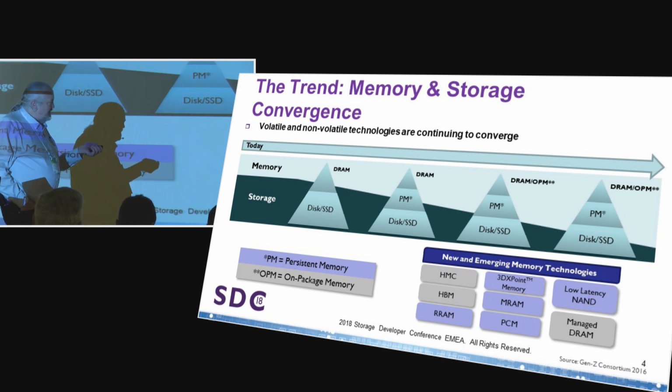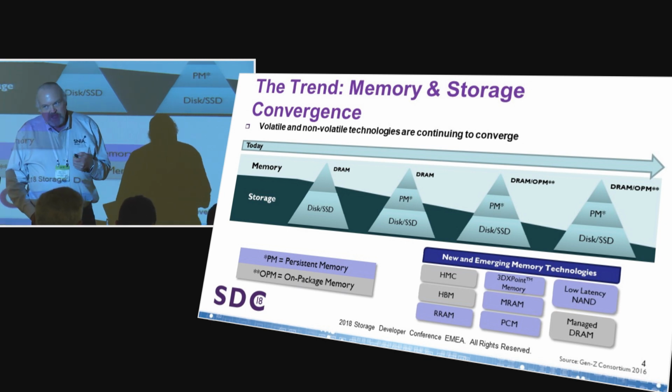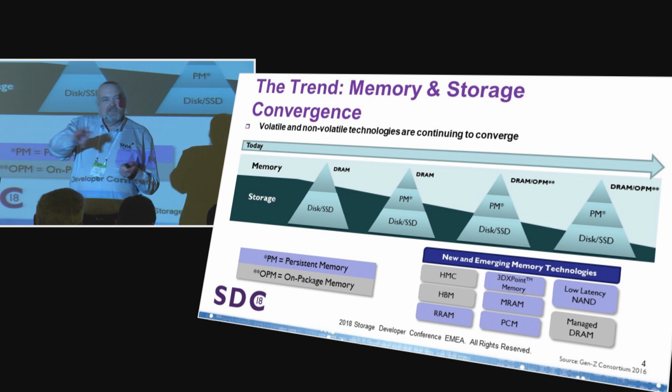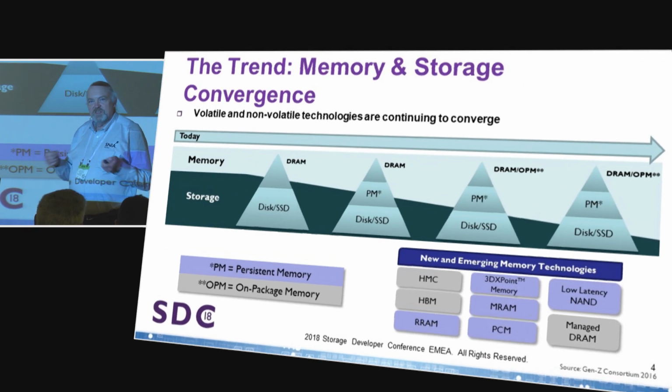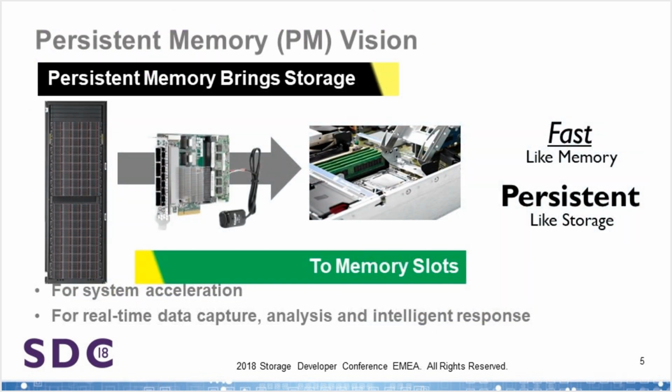So how do you deal with these memory technologies when you treat them like memory, when you're byte accessible, right? You're no longer sending blocks down to the device, but you're actually accessing it with address lines and data lines. And that's what we'll be talking about. It really does accelerate things. It's fast like memory, and it's persistent like storage. And of course, you can treat it as a block device with wrapping software.